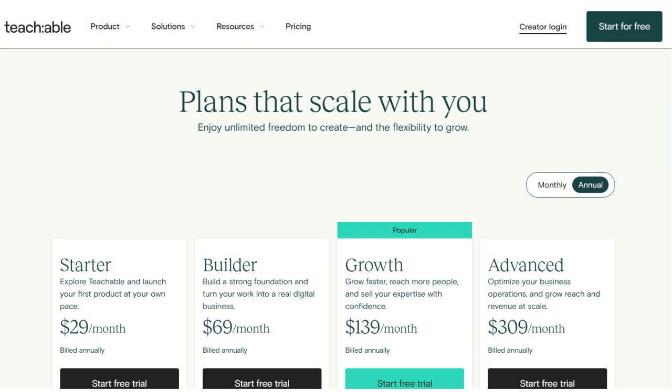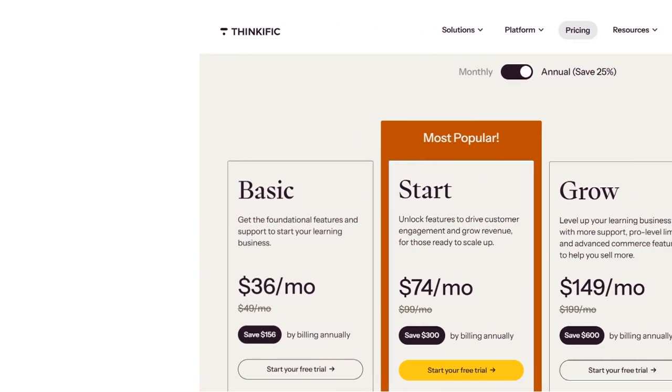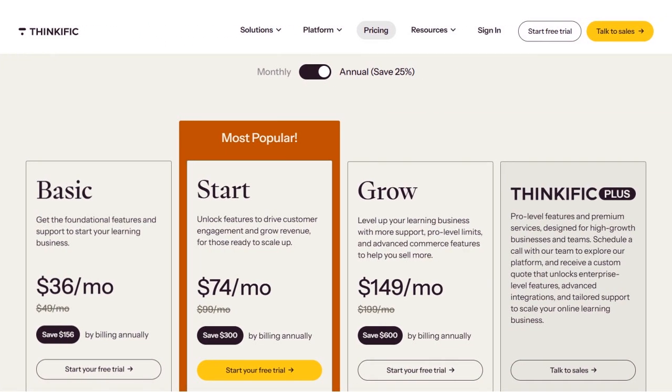And let's compare that to Thinkific. I want you to see on the screen here. Here is the screenshot for Thinkific. Okay. So you can see that in terms of pricing, those two platforms are relatively similar because basically Teachable is giving you a starter price at $29, and Thinkific is giving you a basic price at $36 per month.